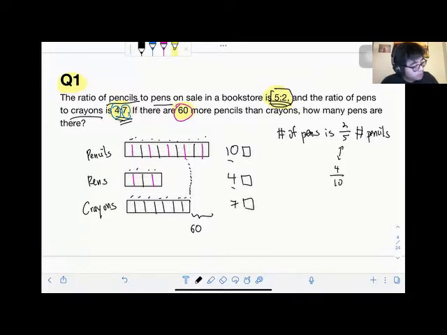So tapos na yung pag-represent natin ng lahat ng binigay na information. And so now what we see, no, is yung 60 na to represents 3 boxes kasi 10 si pencils, 7 lang si crayons. And so yung 60 is 3 boxes.